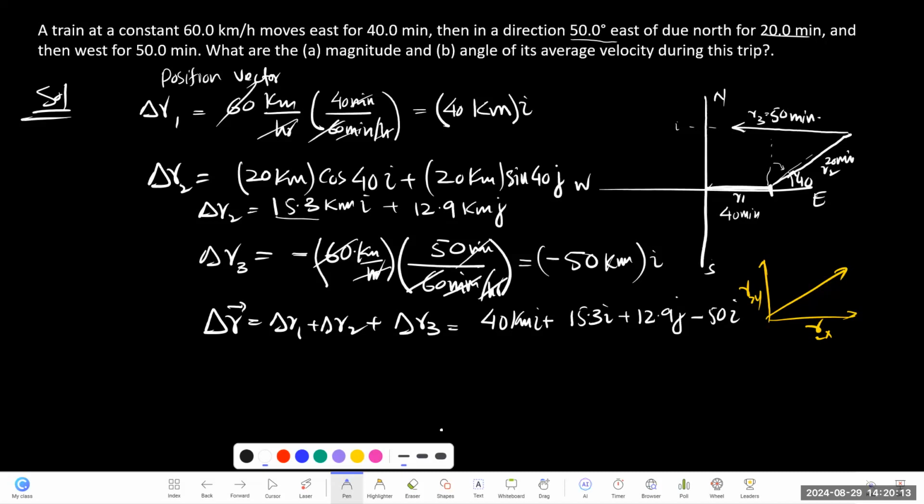Everything is in kilometers, so we don't have to write it again and again. Just to save some space, I'm not going to write kilometers this time. If I solve this, the answer is 5.30 i plus 12.